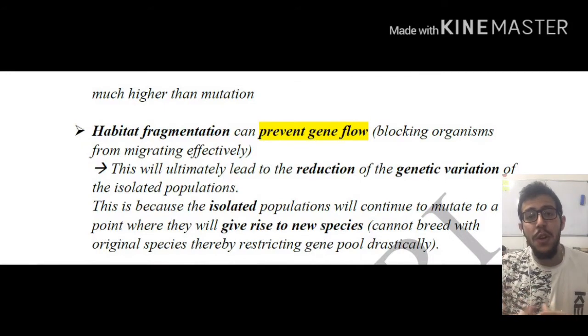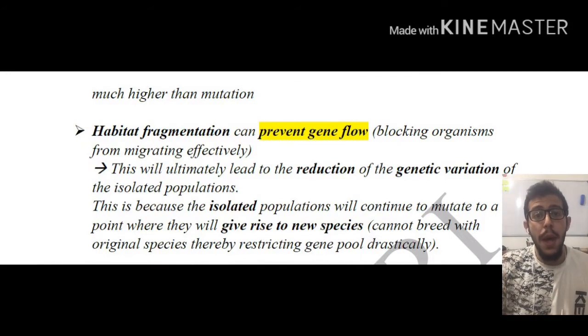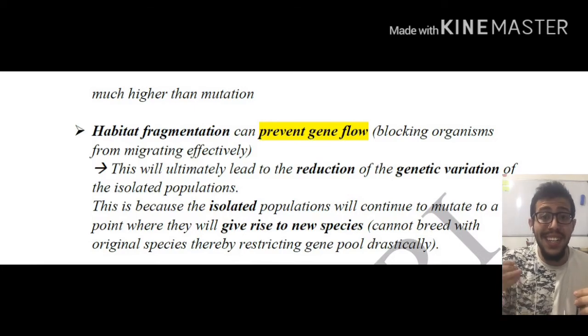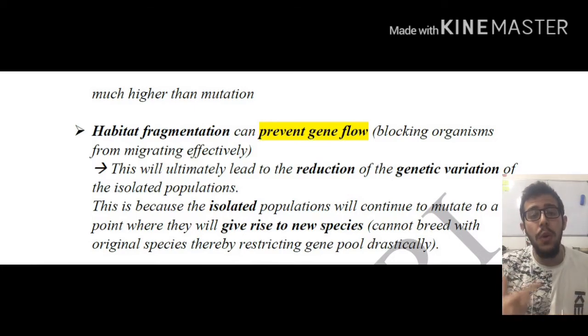Eventually, mutations are going to happen in these two populations, which could previously breed and produce offspring, but after these mutations become very prominent and significant, they are no longer going to be able to breed due to speciation.